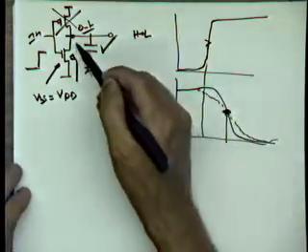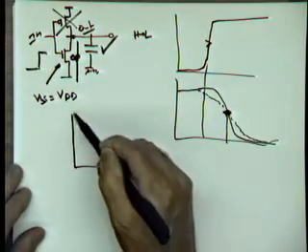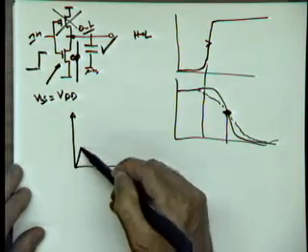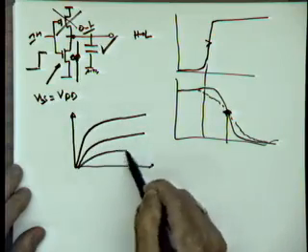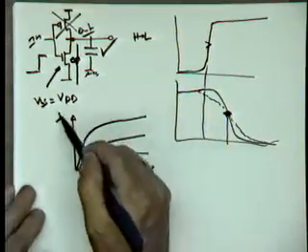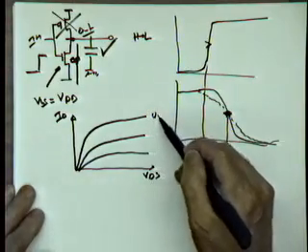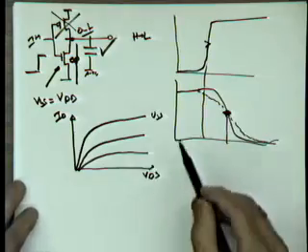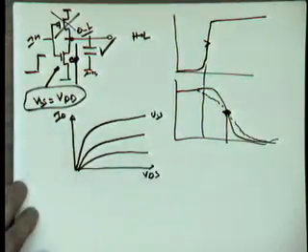If I look at the current that's going to flow through this device, if I have my NMOS characteristic, we know you get something like this. That's your NMOS ID versus VDS for different values of VGS. Right? Well, the curve we're going to pick, as I said, VGS is a constant. It's equal to VDD.